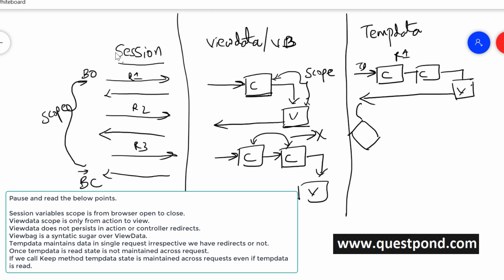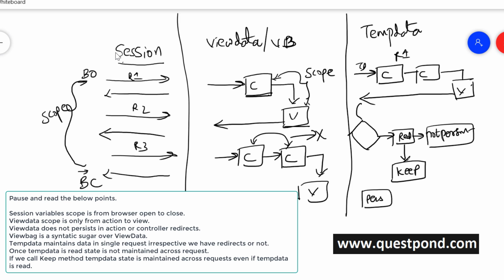So first thing, when will it persist? Let us say first, when will it not persist? It will not persist if you read the data. The value will not be persisted. Now, if you read the data and if you call keep, it will be persisted.